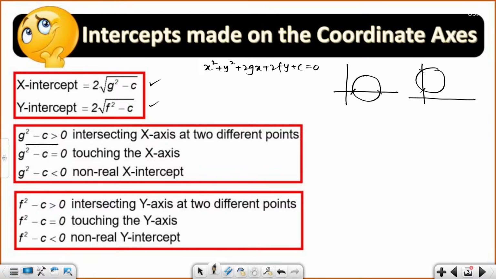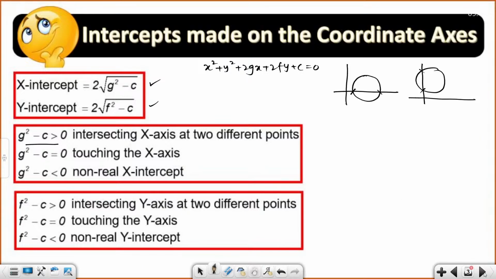And if f square minus c is less than 0, then it is neither intersecting nor touching the y-axis, right? And we have already discussed the combination of those 6 results. Again, I'm mentioning, if you have not seen that video, you are advised to see that lecture first. Then you come to this lecture, you will be comfortable with this one.